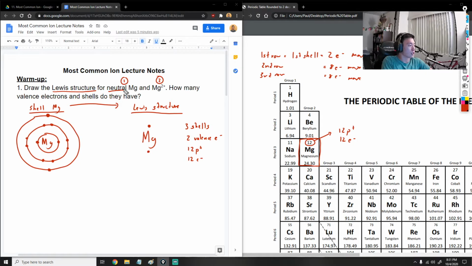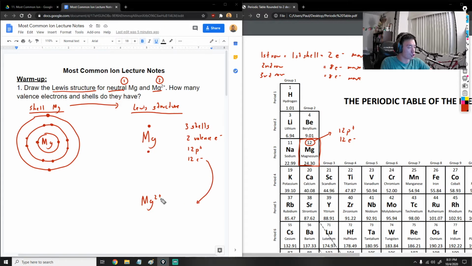Now, we did regular magnesium. Now we have to do Mg2+. The thing about Mg2+ is that it has a charge. It's not neutral anymore. If you notice here, there's no charge. Mg2+ has a charge. That means that the number of electrons is going to change.